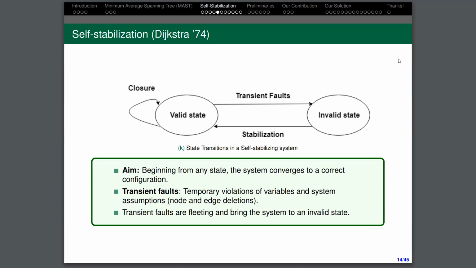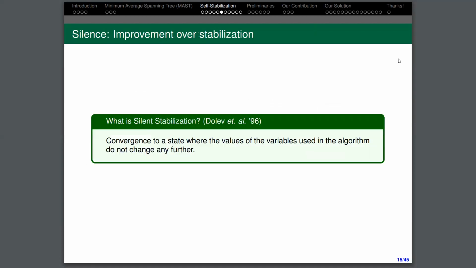So now we discuss a stronger version of self-stabilization called silent stabilization. This was introduced by Dolev in 1996. Here we say that an algorithm is silent self-stabilizing when the values in the variables or registers do not change after the system has converged to a correct state.